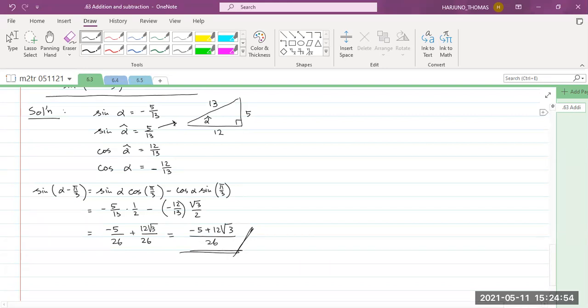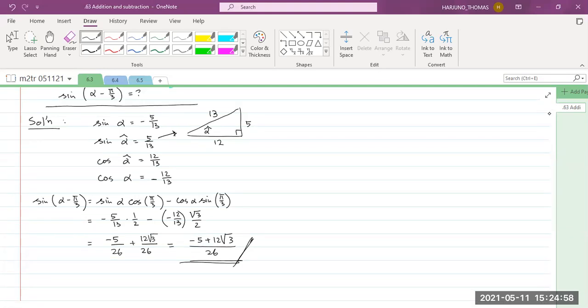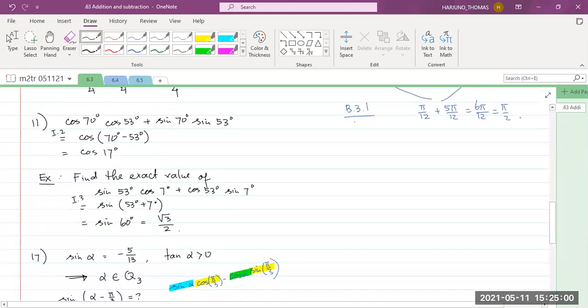Okay. Number 23. Let me do it here. Number 23. And I usually have this kind of question in my test though. Okay, number 23. It says that cosine alpha is 4/5.